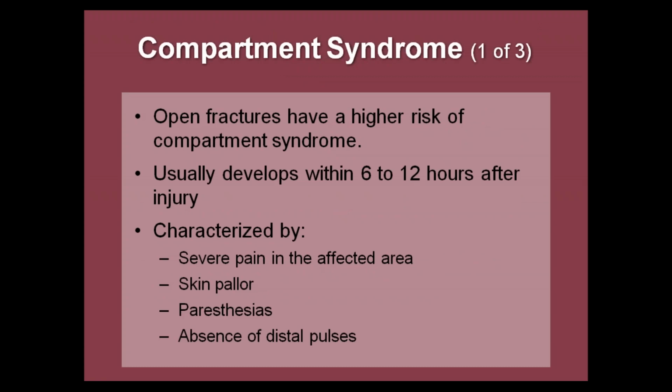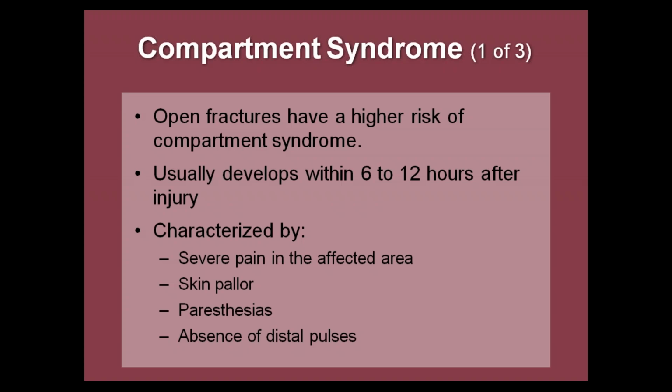So compartment syndrome: open fractures have a high risk of compartment syndrome, usually that develops within 6 to 12 hours after the injury. The longer that it persists, the greater the chance for tissue to develop necrosis. So the tissue is going to start dying. It's characterized by severe pain in that affected area.